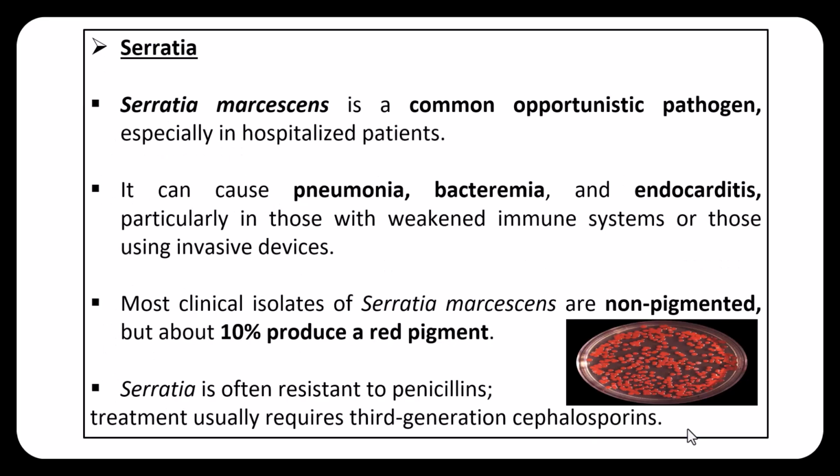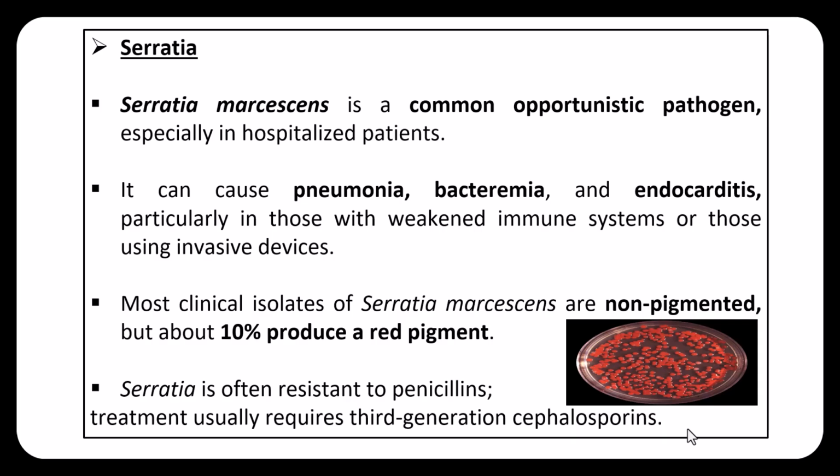Now we will move to another important opportunistic pathogen within the Enterobacteriaceae family. Serratia marcescens is commonly associated with hospital-acquired infection. It is the most common opportunistic pathogen. That means it causes disease in patients with a weak immune system, especially those who are hospitalized.